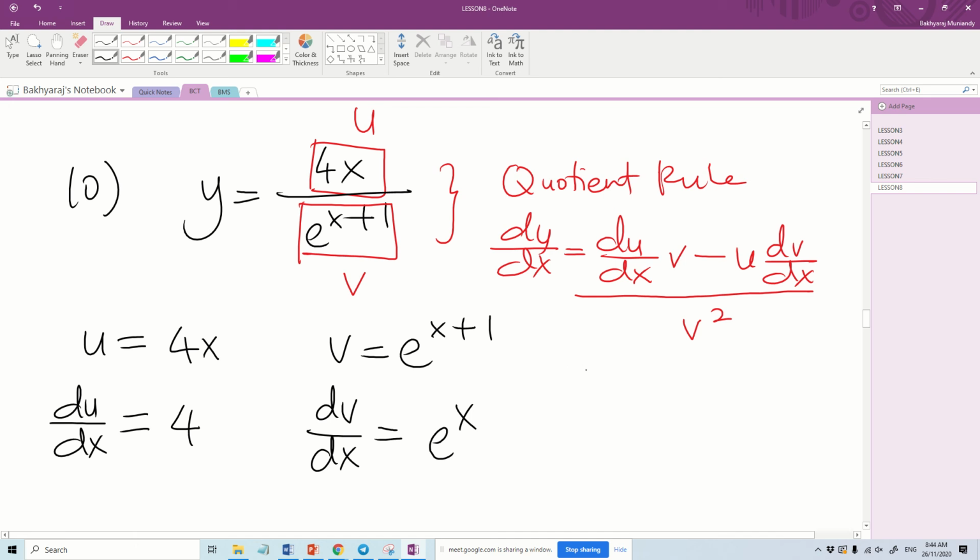That's it. Okay, this is wrong. It is exponent x plus 1 because the u doesn't change. Okay, the u doesn't change, so u is just copied. But when you differentiate it becomes 1. So 1 times 1 is 1. So you get exponent x plus 1.